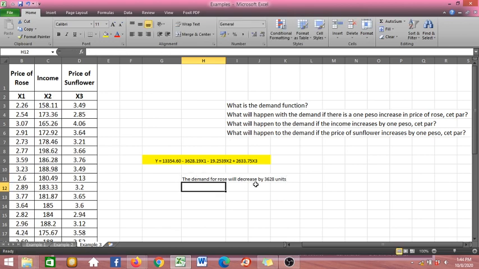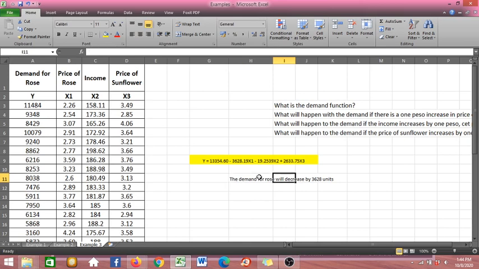We can just say 3628 because we're talking about the demand for roses and there is no 0.19 of a rose. So, this is fine. Full number. We just round off. So, where did the decrease come from? From the minus sign. And the 3628 comes from the coefficient.